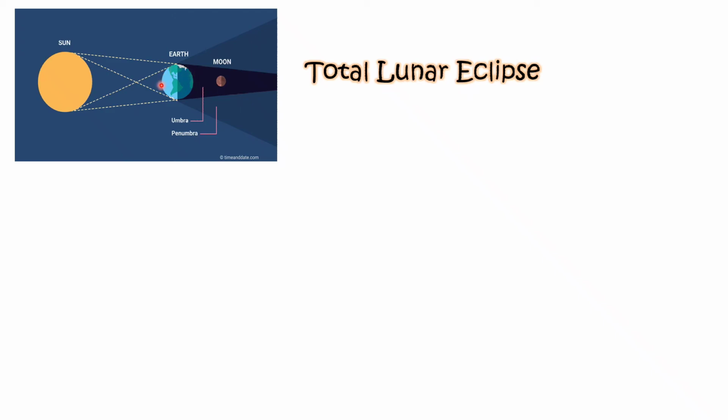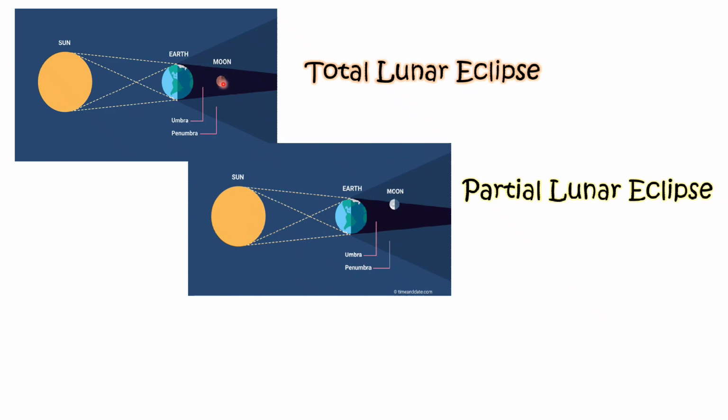If this is the moon, it covers the whole part of the moon, so that is what we call total lunar eclipse. On the other hand, if the earth's shadow partially covers the moon, it is called partial lunar eclipse.